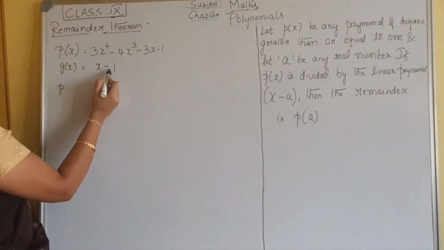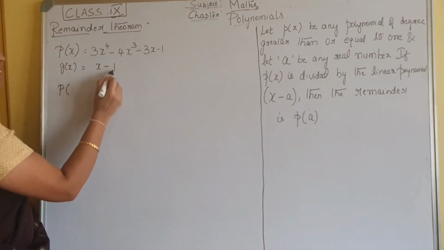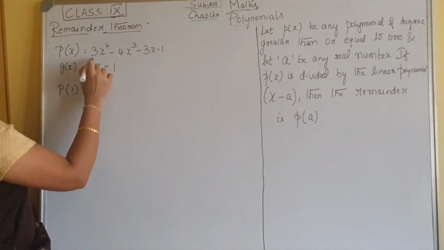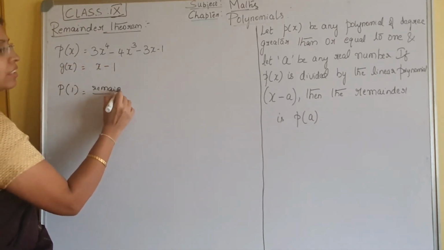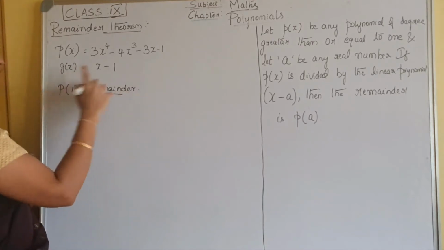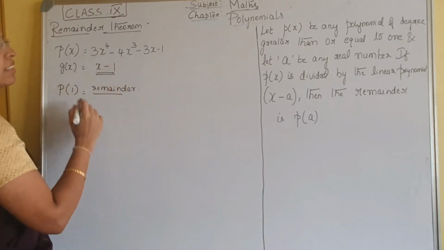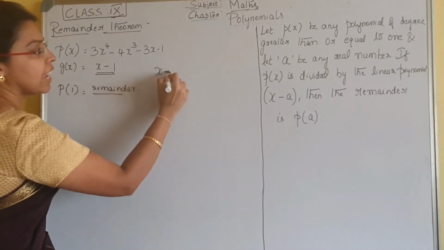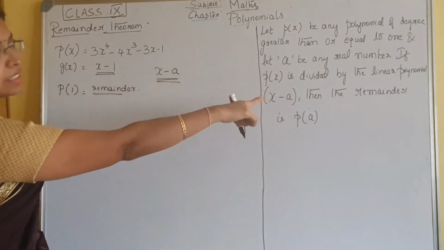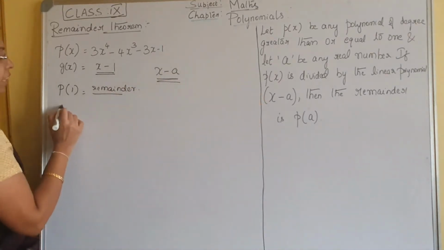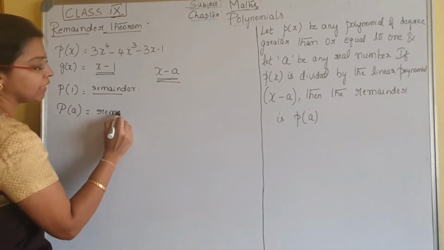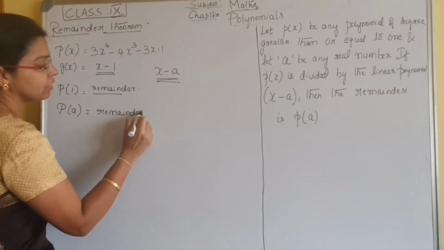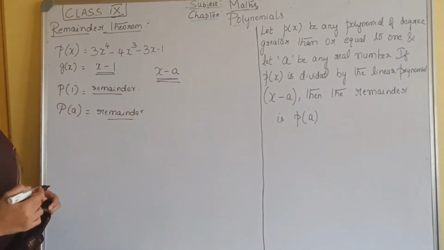Like that, if you substitute 1 in p of x, that will give you the remainder value itself. In general, by the remainder theorem, the divisor is represented as x minus a, then p of a will give you the value of the remainder. This is what the remainder theorem statement says.